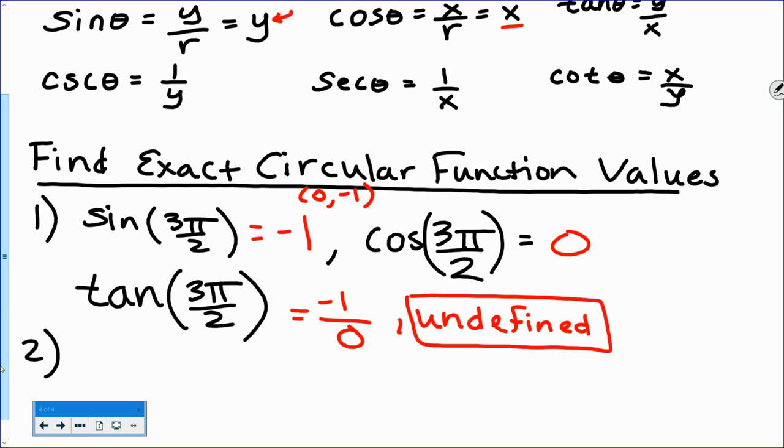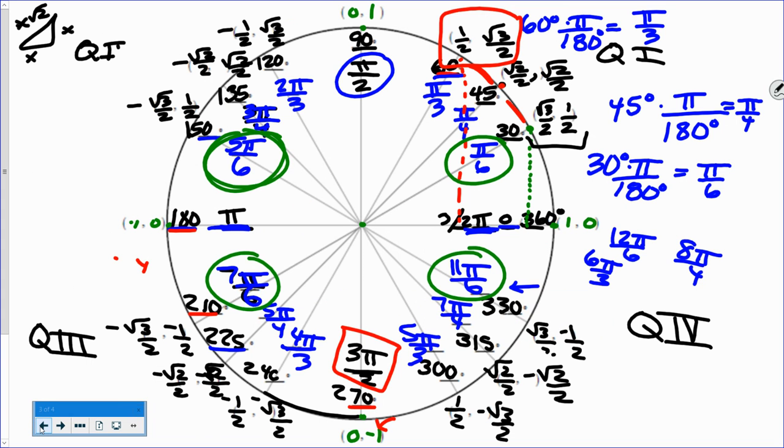Let's look at another one. So if I give you a different angle, sine of 7 pi over 4. Okay, yesterday you would have converted that to degrees, figured out the reference angle, used either a table or some special right triangles to come up with that. Today I want you to take a look at your circle, find your 7 pi over 4 angle right here, and take a look at the point.